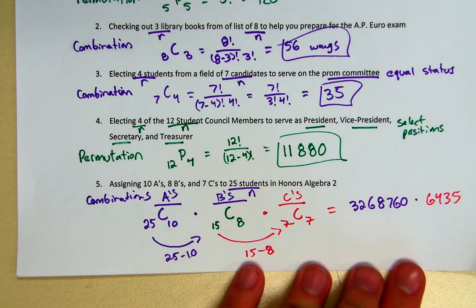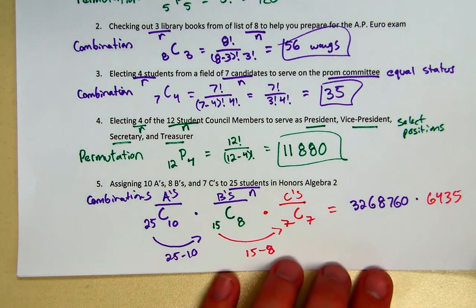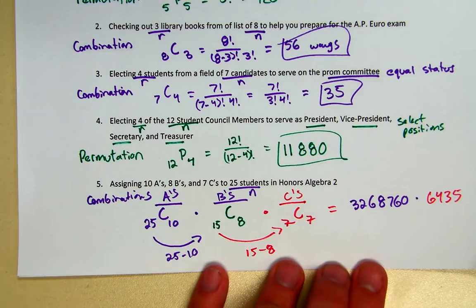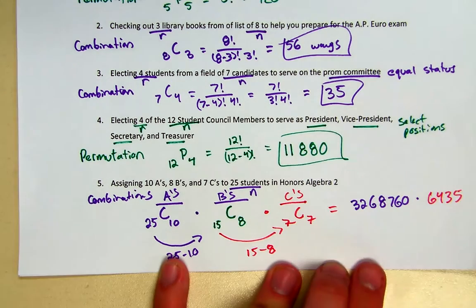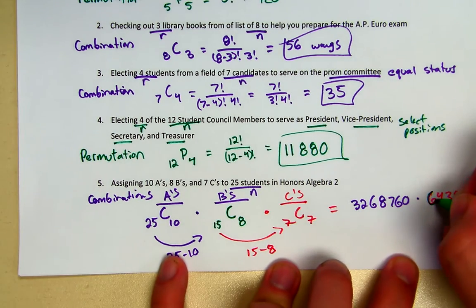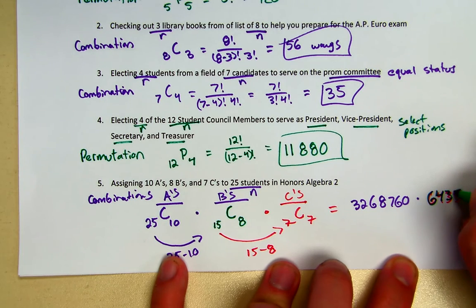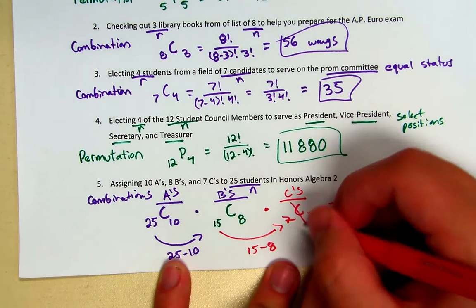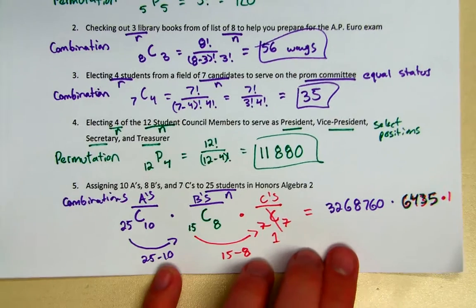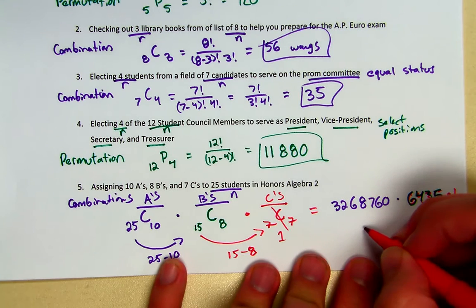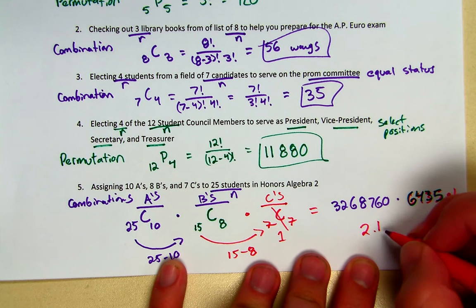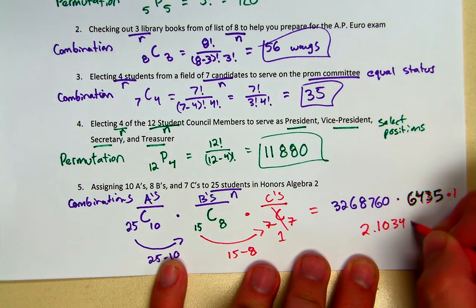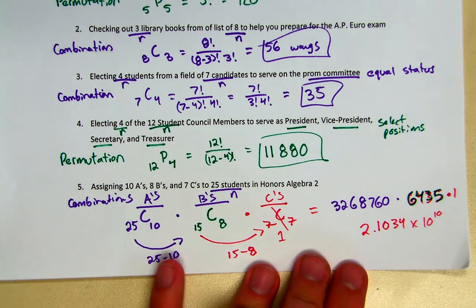Now let's multiply that by 3,268,760, and we get a large number here. The reason I didn't keep continuing here, oops, sorry, this should have been in green. 6435. So that doesn't confuse you there. Times 1, because 7 choose 7 is just 1. And that was a total of 2.1034 times 10 to the 10th power.